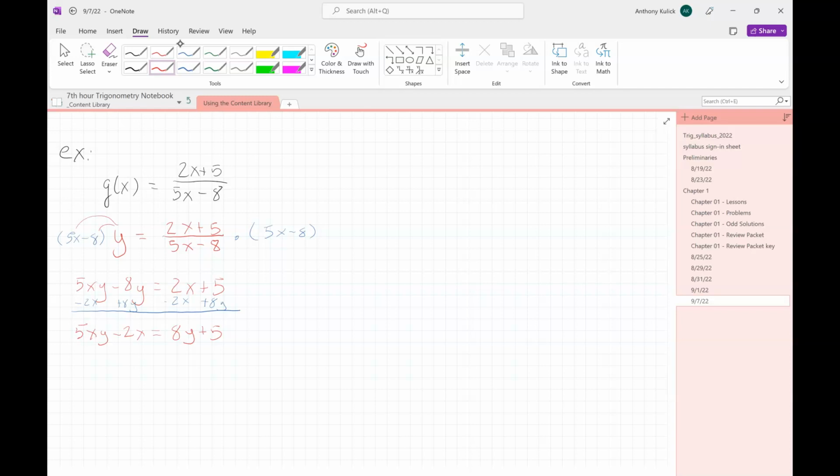Just the greatest common factor. If I look at 5xy and then minus 2x, both of them contain a common factor of x. So I'm going to just factor that out. And now I have x in just one place.